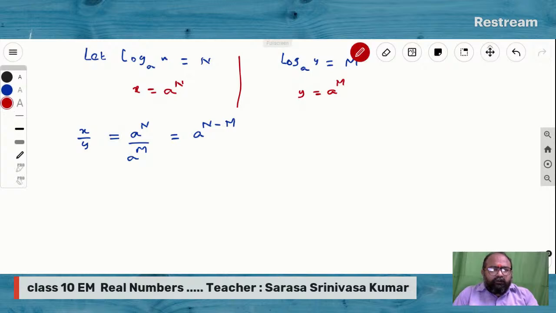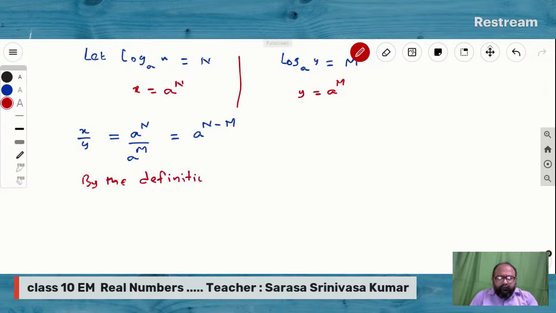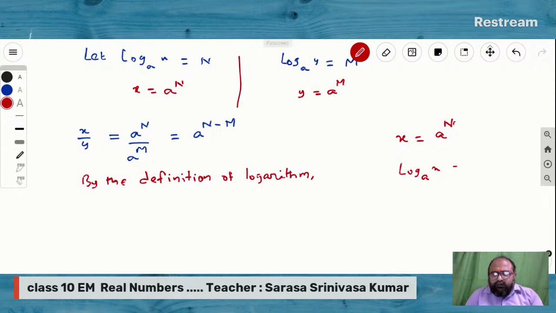Now, by the definition of logarithm, here x equal to a power n implies and implied by log x base a equal to n.